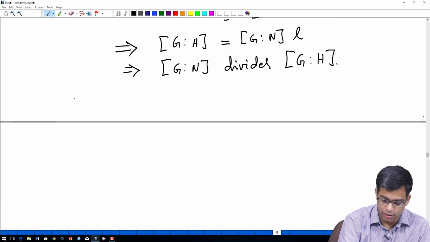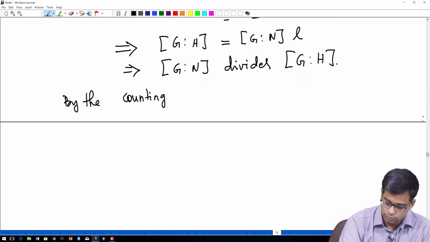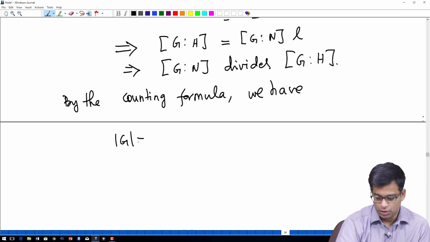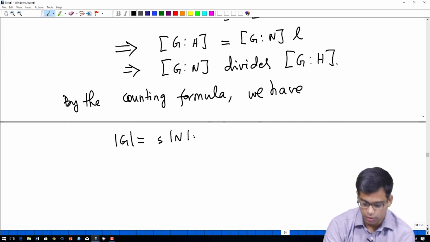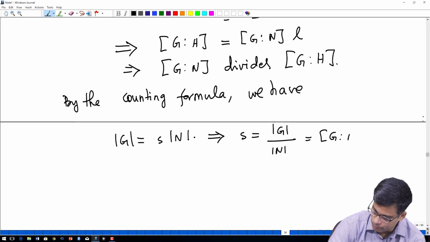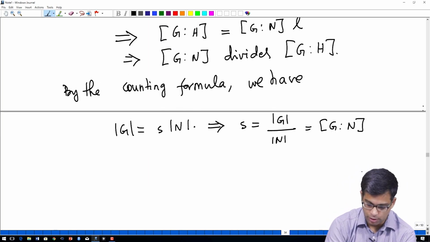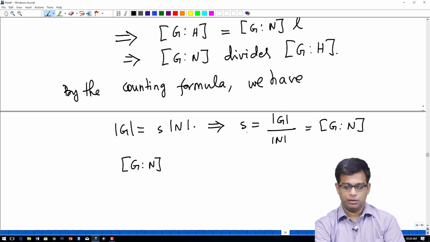By the counting formula, we have the order of G is equal to s times the order of N. So, this implies s is equal to the order of G divided by the order of N, which is the index of N. Is that clear?